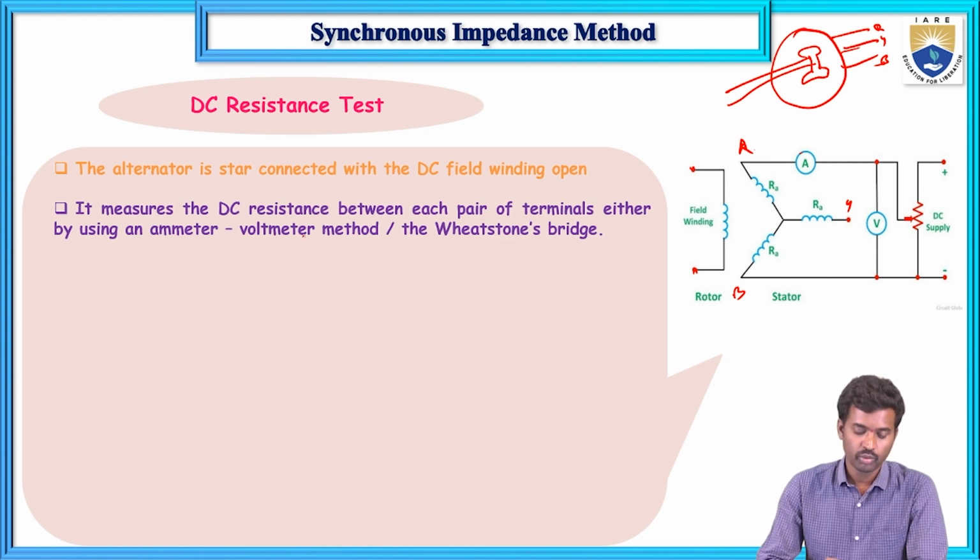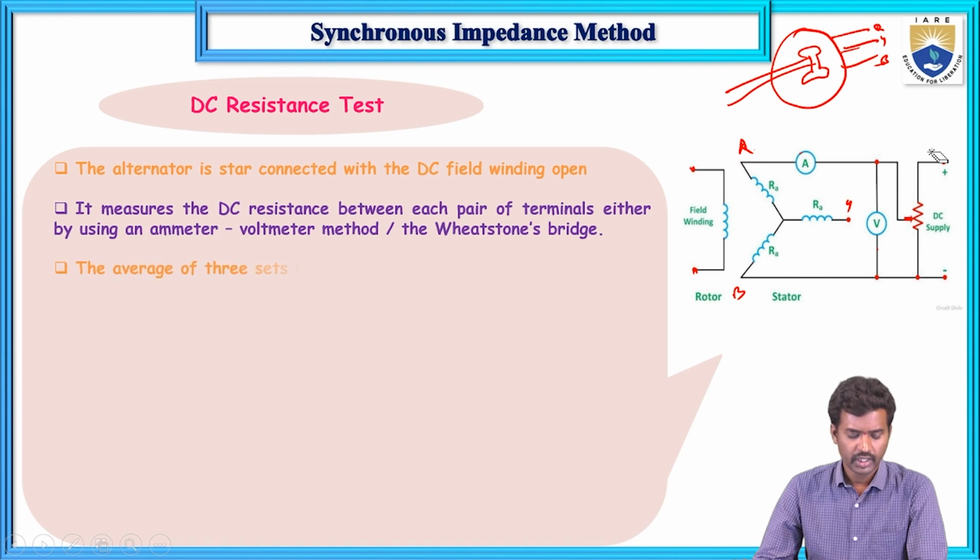In the ammeter voltmeter method, connect one ammeter in series with one phase, that is the R phase, and the voltmeter is connected across the pair of terminals. Here I am selecting R and B, so between the R and B terminals I connected the voltmeter. This is the rheostat, and the DC supply is given.